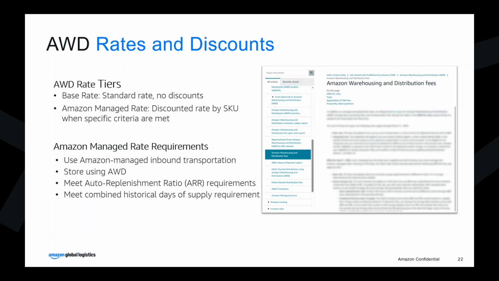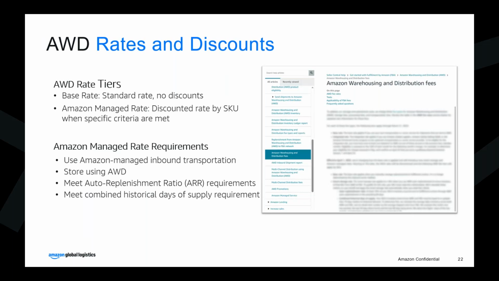And we actually differentiate in 2 tiers when it comes to the AWD pricing. There is a standard rate and an Amazon managed rate, which will allow you discounted rates by SKU when specific criteria are met. So looking at these criteria, it's really about using an Amazon managed inbound transportation, for example, Amazon Global Logistics.